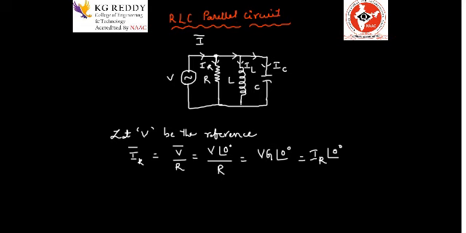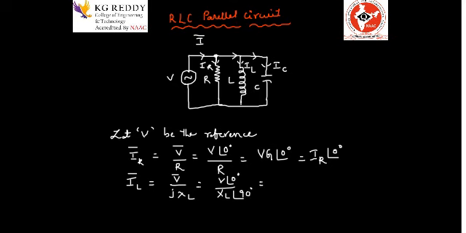Now I can write IL, the current through the inductor. We already know this is V bar by j XL. So we can write V at an angle 0 degrees divided by XL at an angle 90 degrees, with the help of j notation.